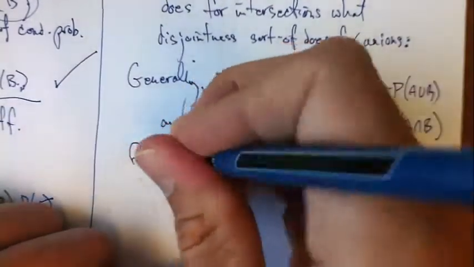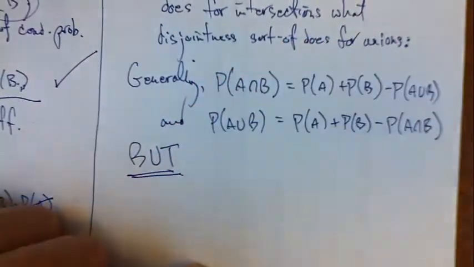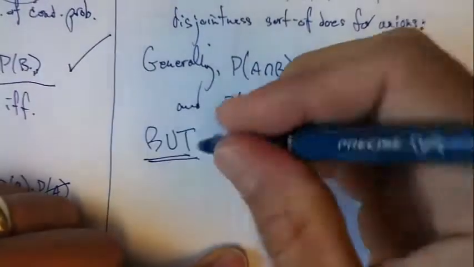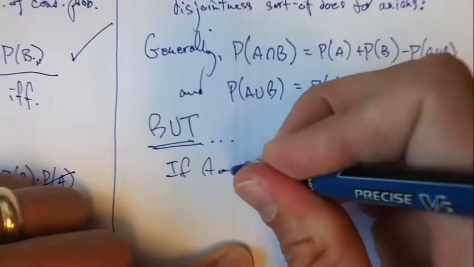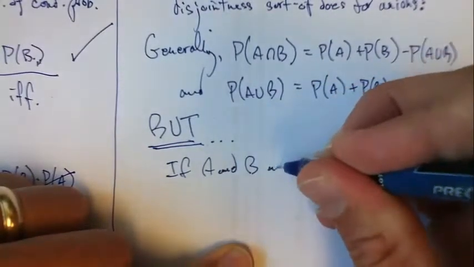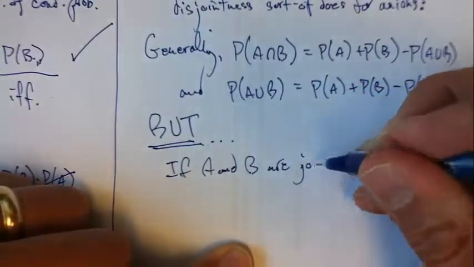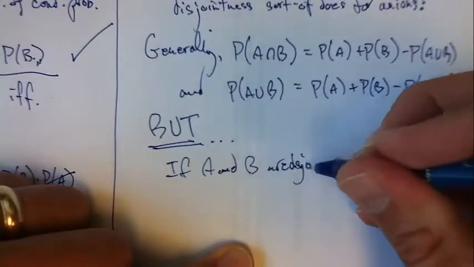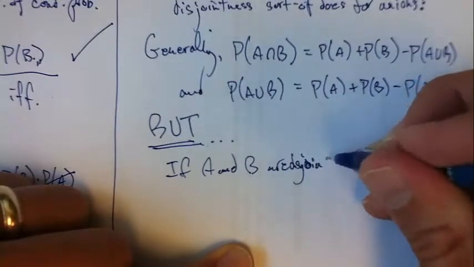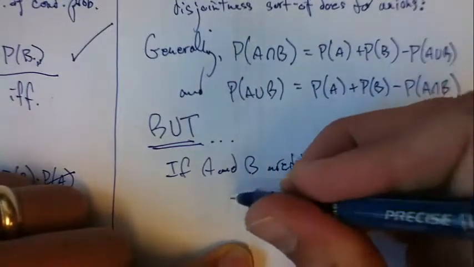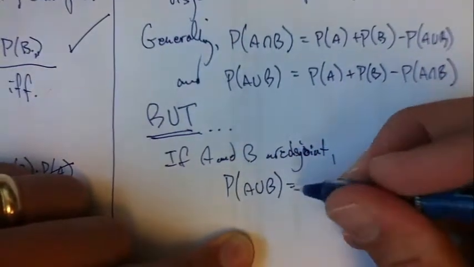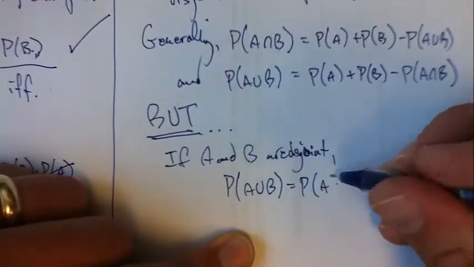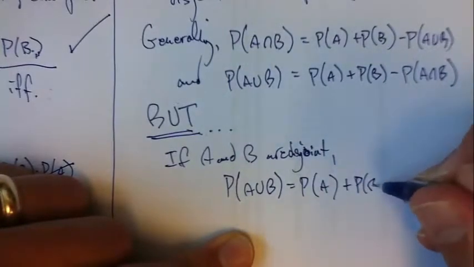But, and that's a big but, if A and B are disjoint, remember what axiom 3 says: the probability of their union is the sum of the individual probabilities.